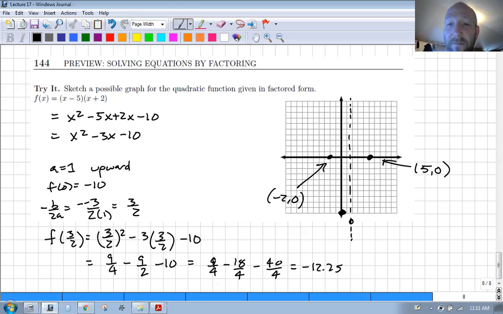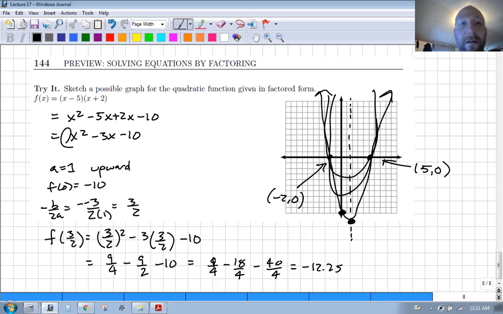So that's down here, our vertex. So that's what it is. But if all we use is these 2 points and the a, a possible one could be this or that. There are lots of possible ones, but we need the vertex to find out what it actually looks like.